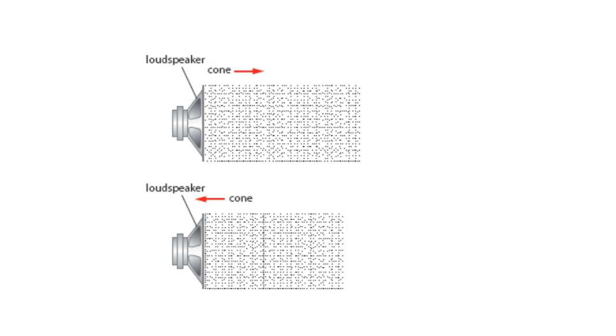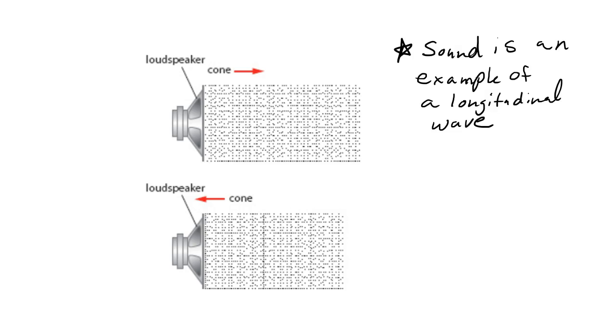Probably one of the most common examples of a longitudinal wave is sound. Sound is made by the compression and basically the pushing and pulling apart of air molecules or whatever media the sound is moving through. So we can see this in how a speaker makes sound.